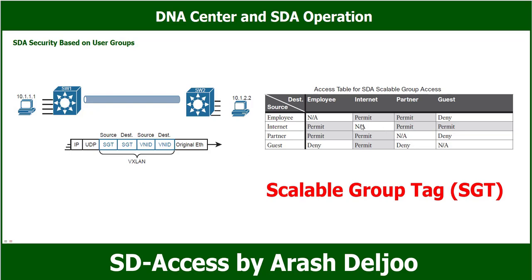According to this table, if the communication between the source and destination is permitted, we will receive the required information from the DNA Center. But if we don't have, for example, a permit for communication, we won't receive the information that we need for encapsulating the packet with the VXLAN.